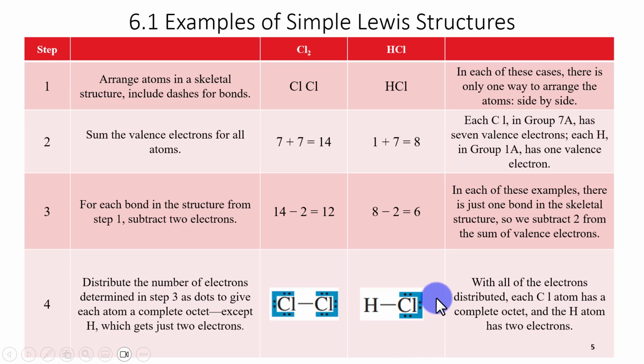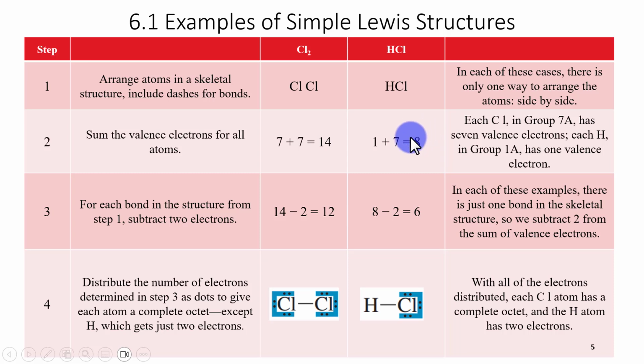Let's take a look at HCl. I have only 6 electrons to distribute, and I know that hydrogen cannot handle any lone pairs. Therefore, all those 6 electrons must go on the chlorine. So I distribute them as lone pairs, 1, 2, 3. And now let me count the total number of electrons. 2, 4, 6, 8.